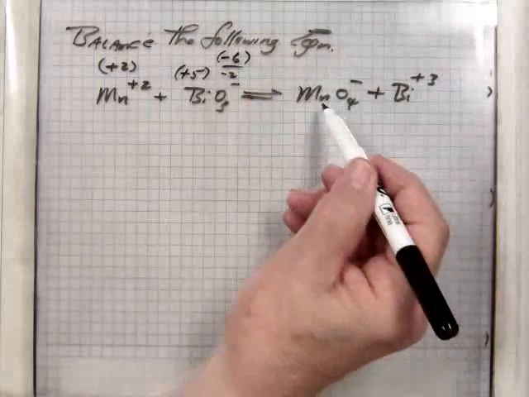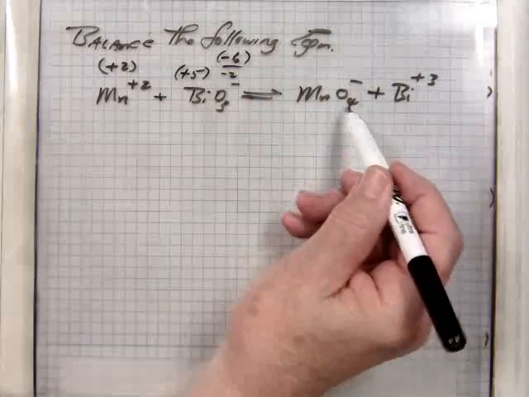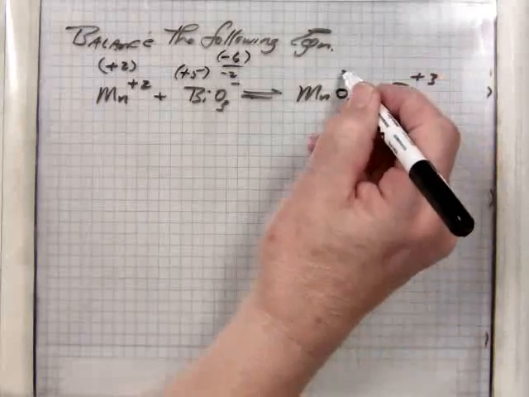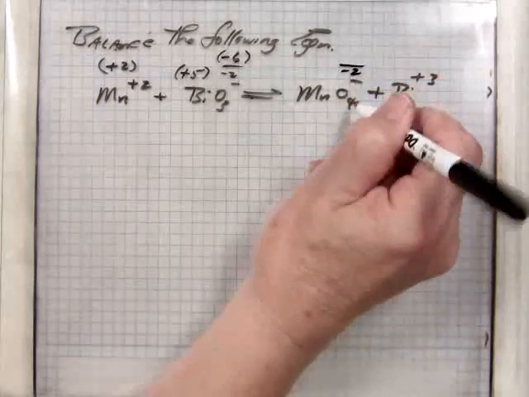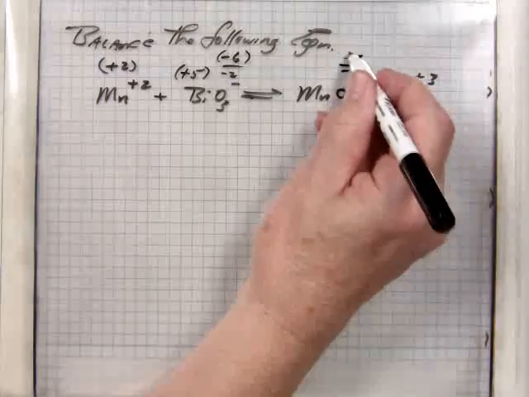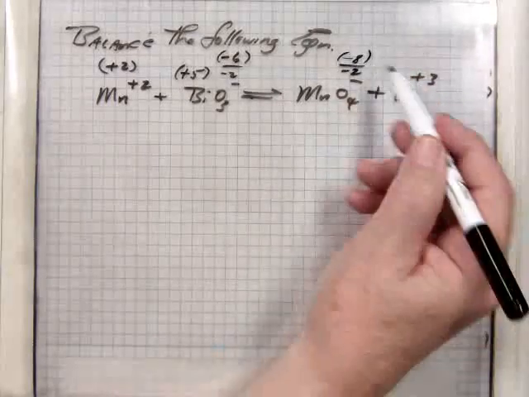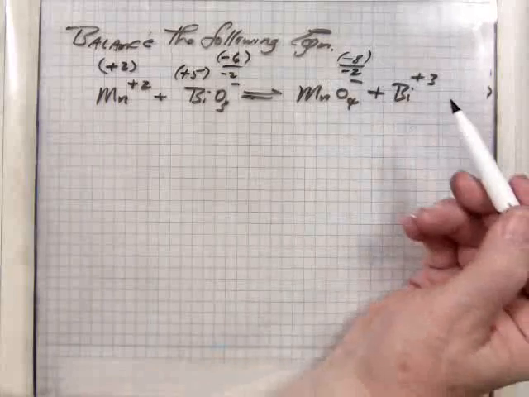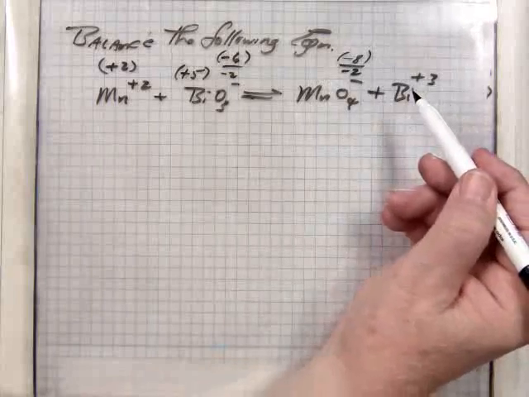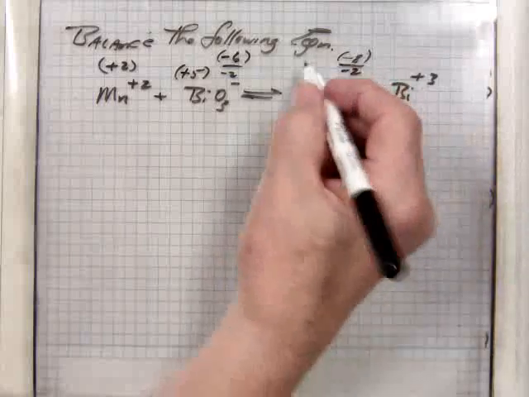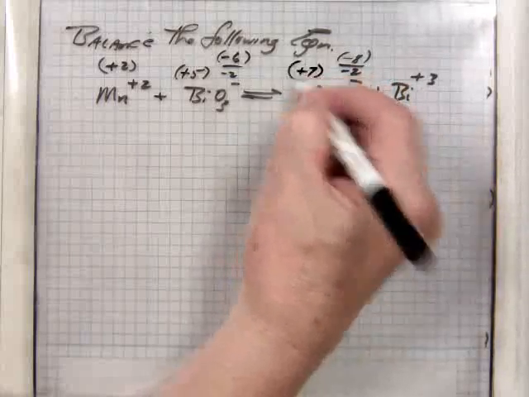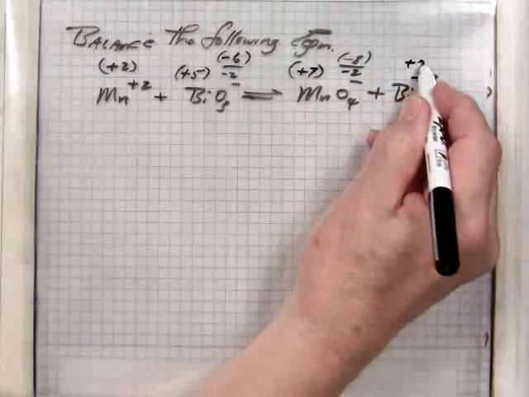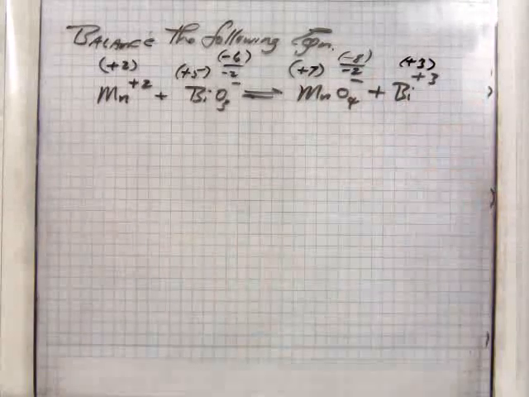Now over here with manganese, the permanganate ion, oxygen is a -2, and 4 times -2 is a -8 net. So what would I have to add right here to get a -1? +7. See what I'm doing? Everybody good? And then bismuth is already listed as a +3.